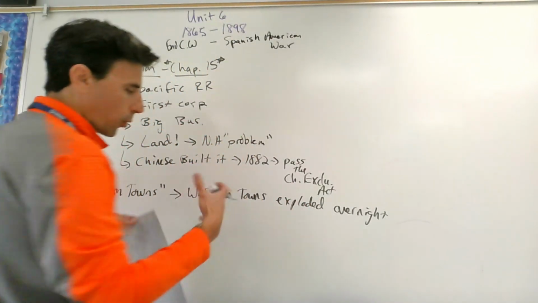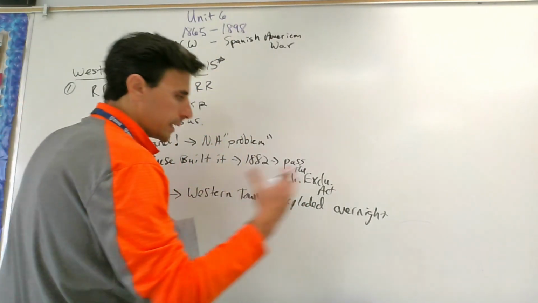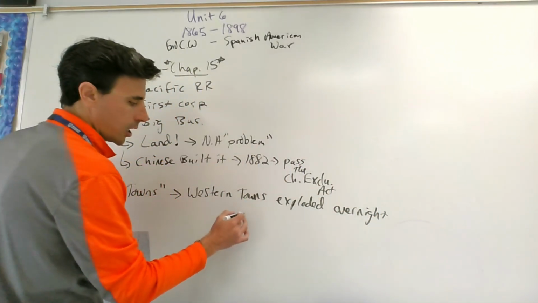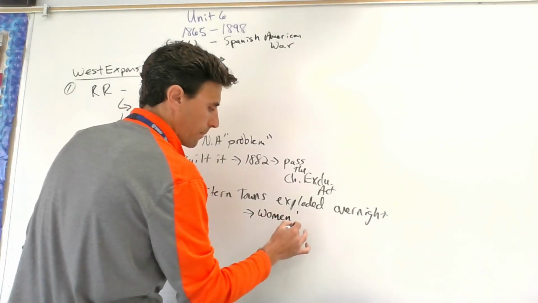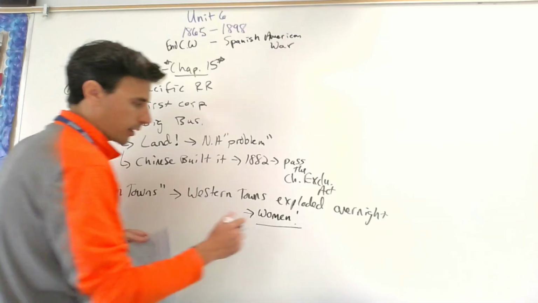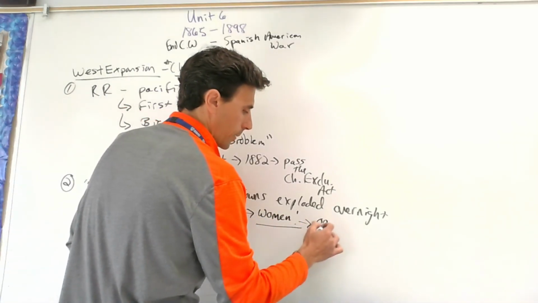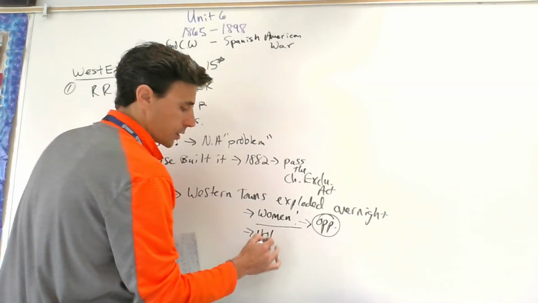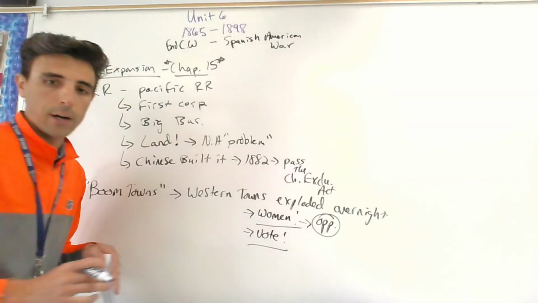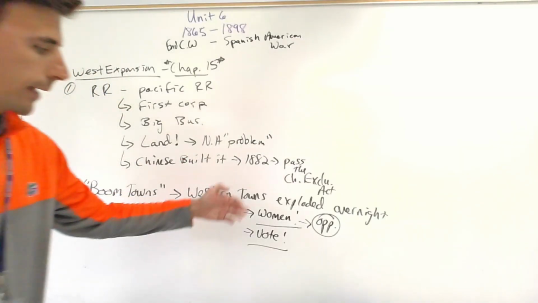These boom towns were important because they changed culture in the West. They encouraged migration, but also they created greater opportunities for women. They get more opportunities, and eventually they're going to get the right to vote out in Wyoming, Utah, and Colorado.